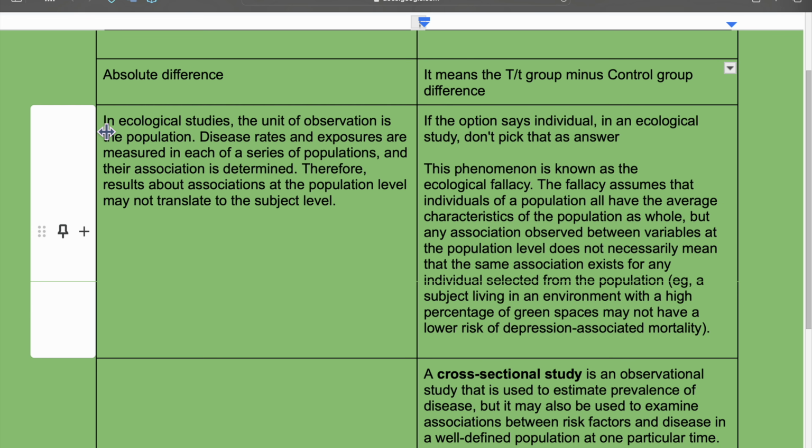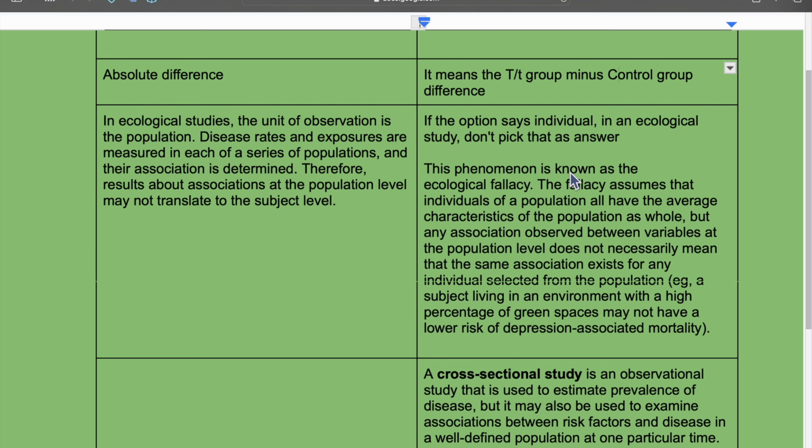Okay. In ecological studies, the unit of observation is the population. Disease rates and exposures are measured in each of a series of populations, and their association is determined. Therefore, results about associations at the population level may not translate to the subject level. If the option says individual in an ecological study, don't pick that as the answer.